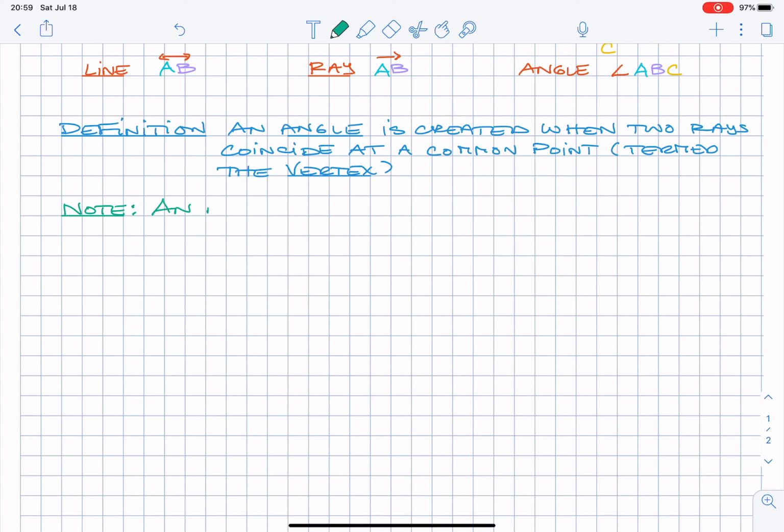By measures I mean values like 35 degrees, 70 degrees, etc. So alpha, beta, gamma, delta, etc.